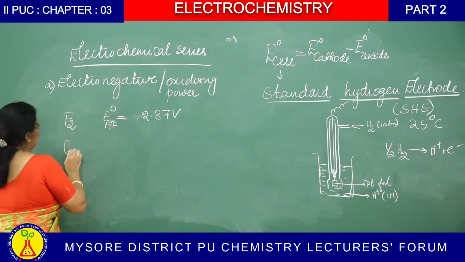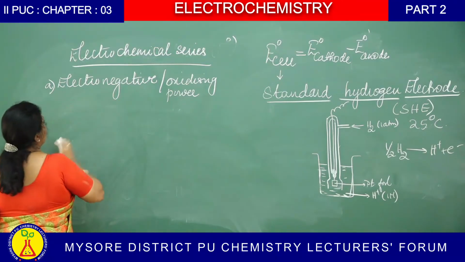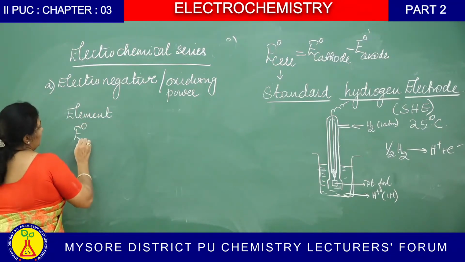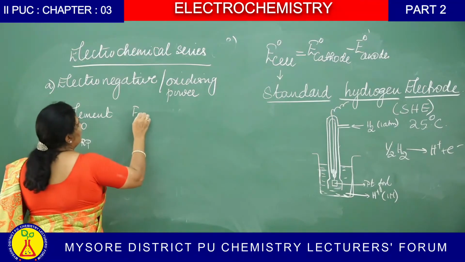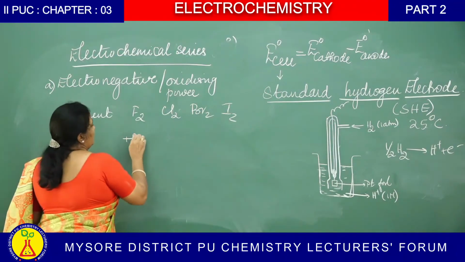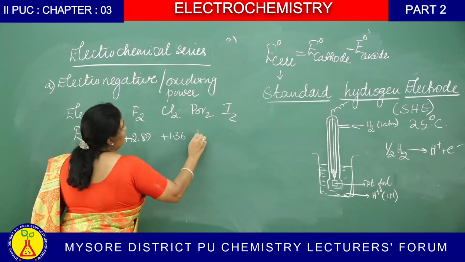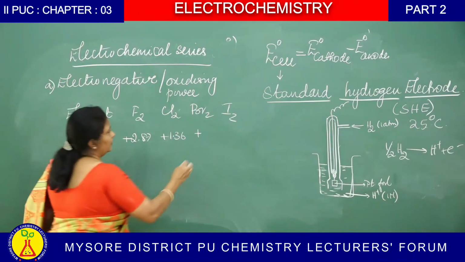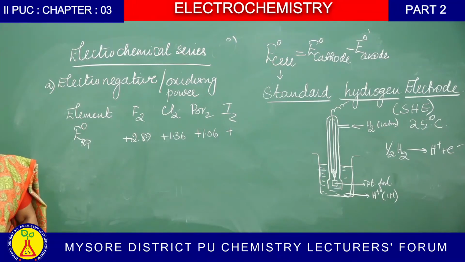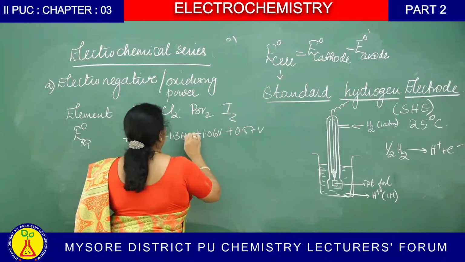For the elements fluorine, chlorine, bromine and iodine, the standard reduction potentials are plus 2.87, plus 1.36, plus 1.06, and for iodine, 0.57, all of them in volts.